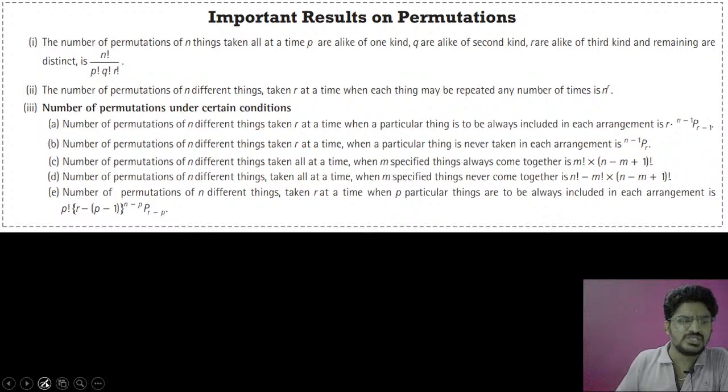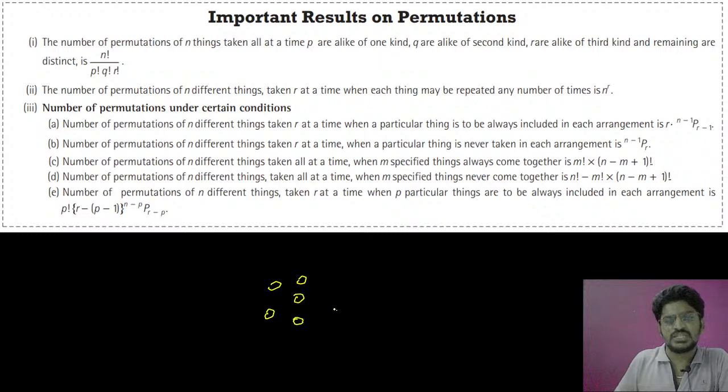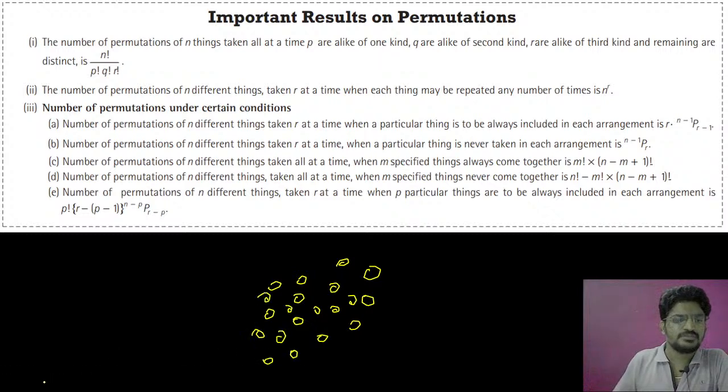That means you just see here, you have n different things. In these n different things, some of them are same, that means they are of the first kind.